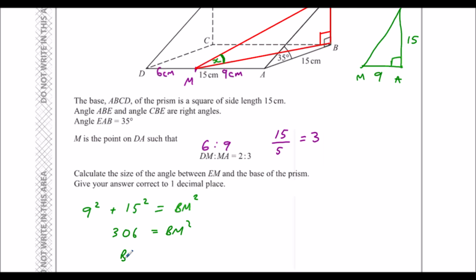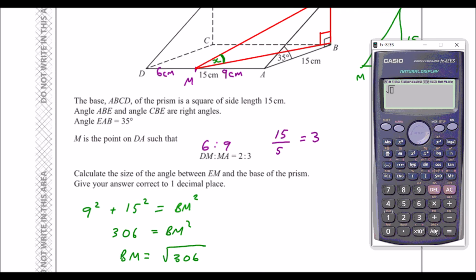So BM must be the square root of 306, which is 3 root 34, and I'm also going to store that as A. Actually, I'll just use the decimal because I've stored it. So 17.49.